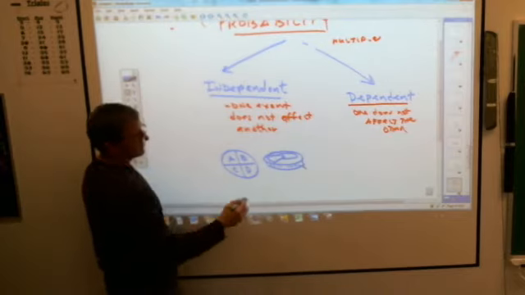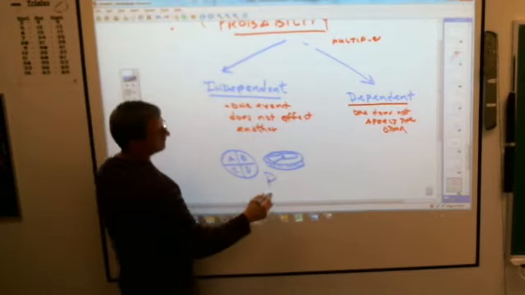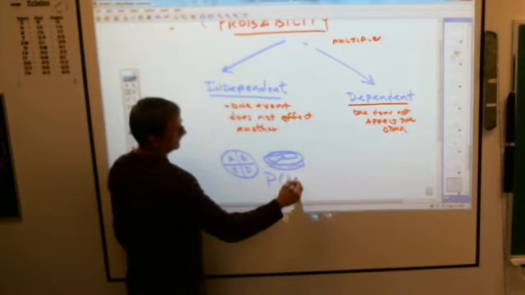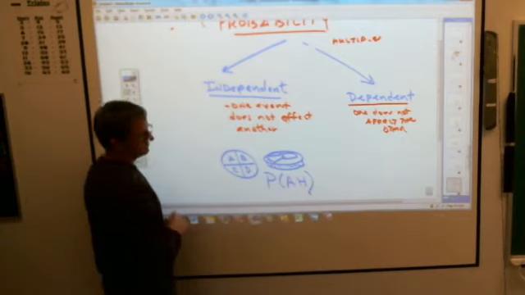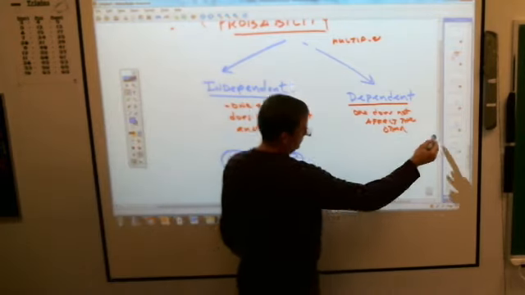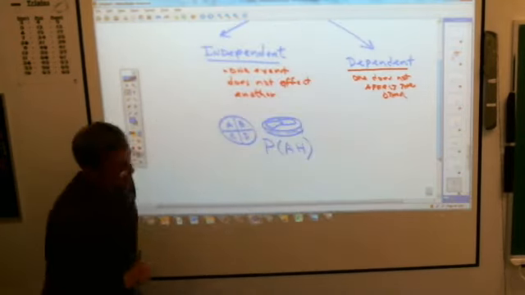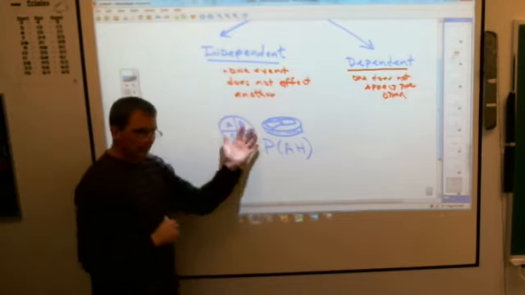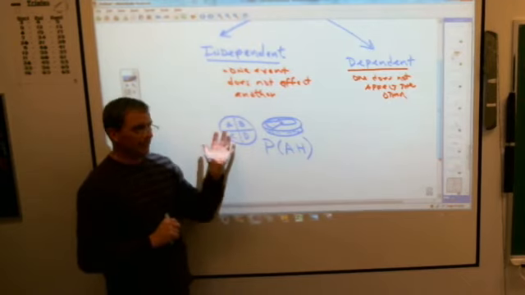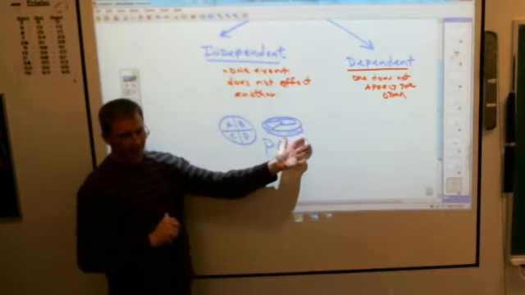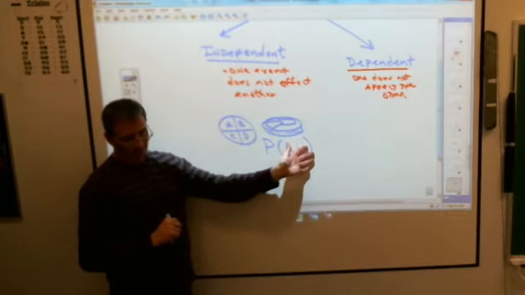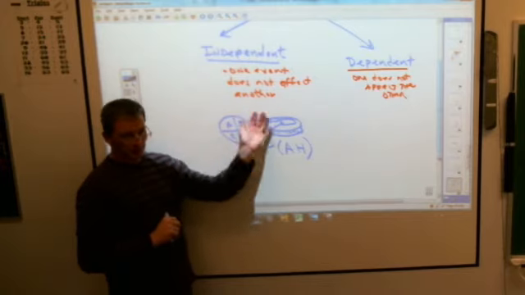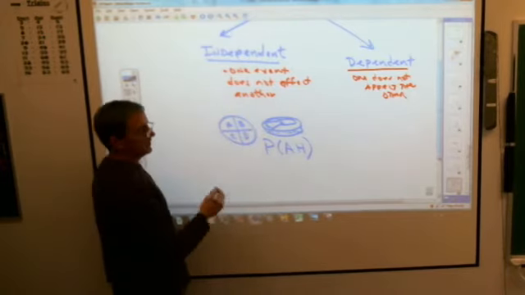And I asked you to find the probability of spinning an A and getting a head. The question you ask yourself: does spinning this spinner change anything at all about flipping a head? Not at all. I could spin this a zillion times, it's not going to change any difference there.